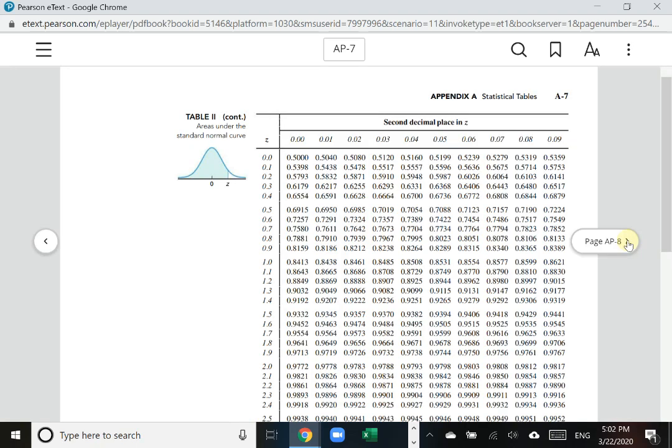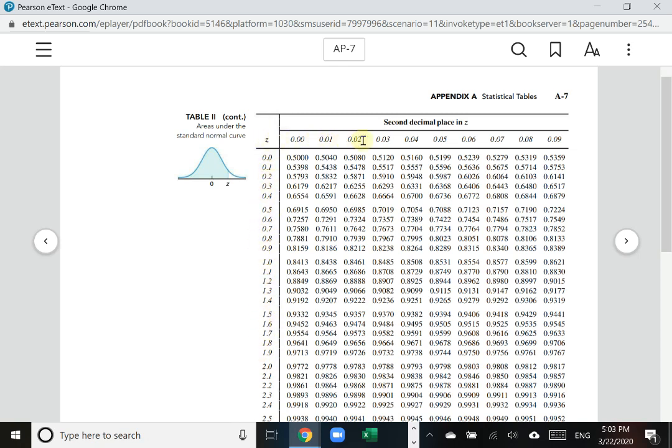So, the way this table is constructed, by the way, is that along the top row, right in here, these are the second decimal in a z-score. And along the vertical margin here, these are the z-scores also.